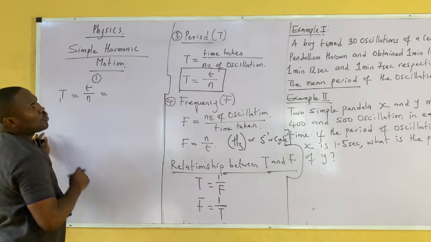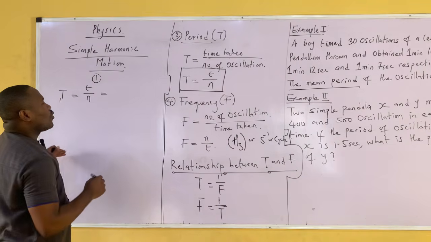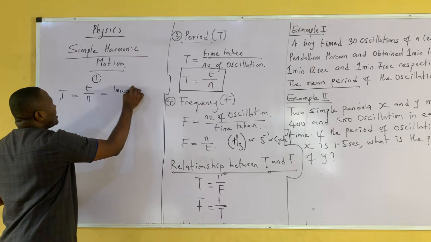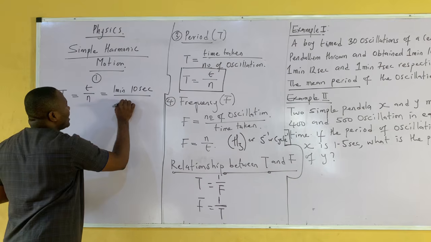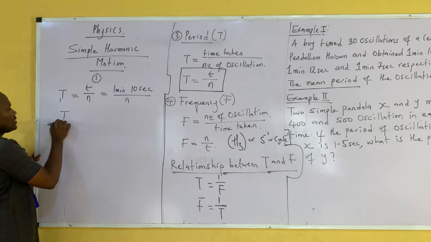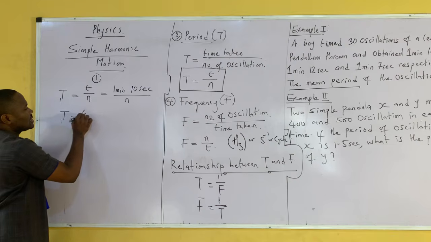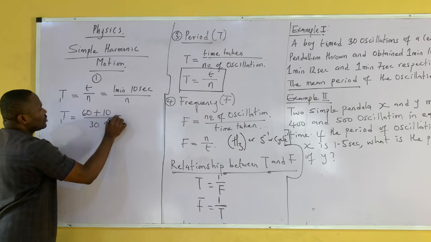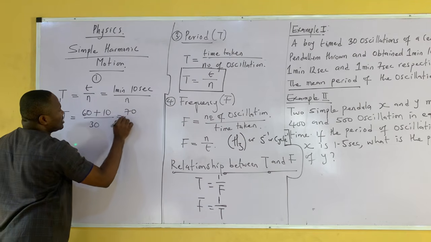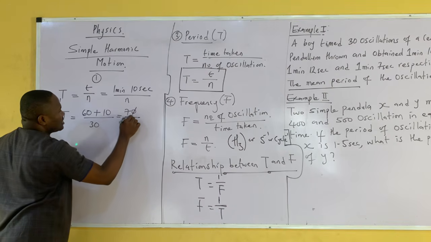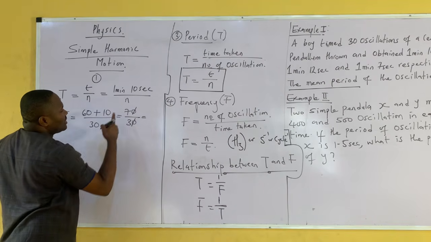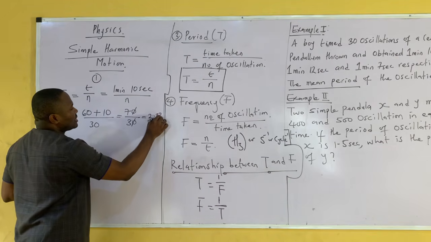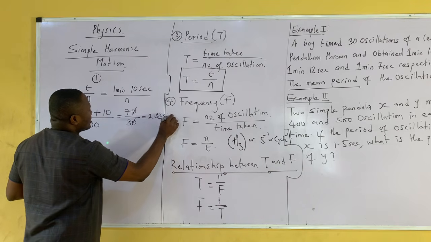The time is 1 minute 10 seconds, over N. So I have my T1 will be 1 minute, which is 60 seconds, plus 10 seconds, over 30, which will now be equal to 70 over 30. This cancels this. We'll now have 3 into 7 is 2, 2 point, you have 1, it will be 2.33 seconds. That's the first one.